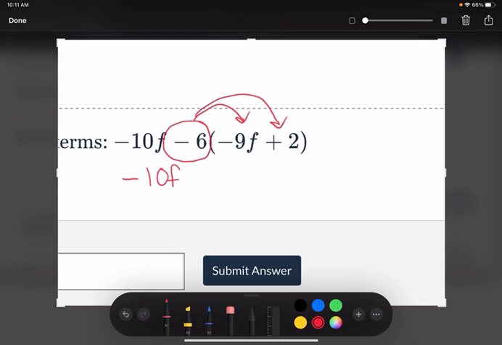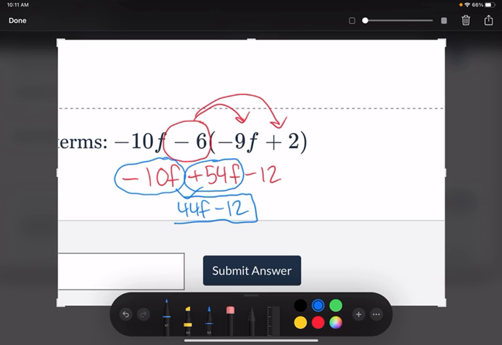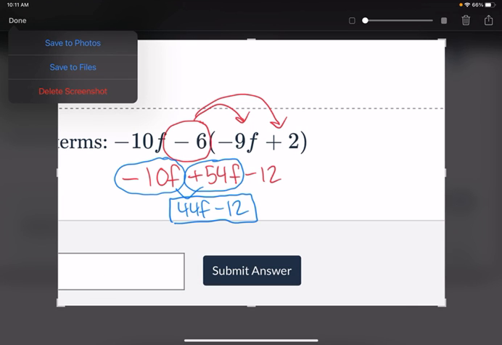Now I need to distribute the -6. -6 times -9 would give me a positive 54 times f. -6 times 2 would give me a -12. Now I just need to combine all of my f's together. -10f plus 54f will give me 44f. Minus 12 remains unchanged, and there we go. 44f minus 12.